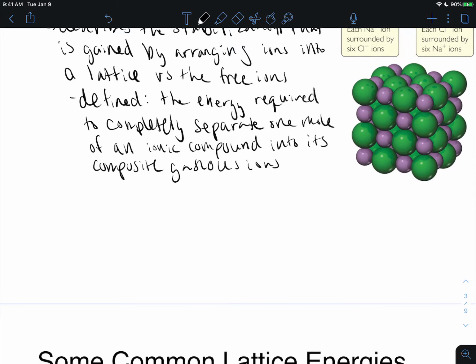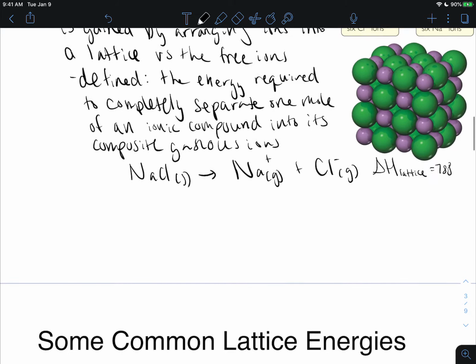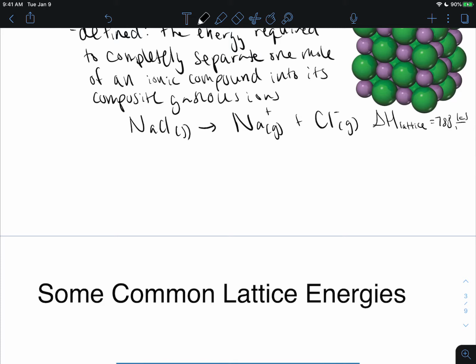So if we have something like sodium chloride, breaking it down into gaseous sodium ions and gaseous chlorine ions. So taking those two gaseous species and combining them gives us our lattice energy. And in the case of sodium chloride, that is 788 kilojoules per mole. So pretty significant.